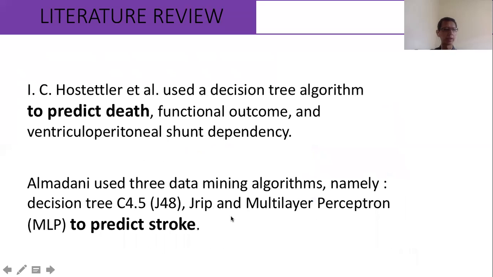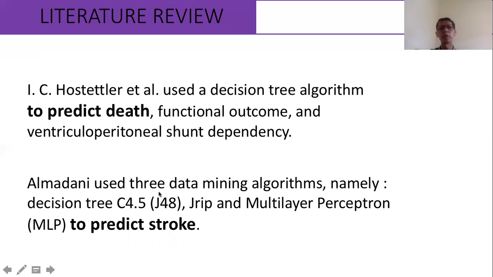We reviewed two studies that used data mining classification techniques. The first study is Hostetler et al. They used a decision tree algorithm to predict death, functional outcome, and ventriculoperitoneal shunt dependency. Prediction accuracy for survival on day 1 was 75.2%. The second study is Almadani.